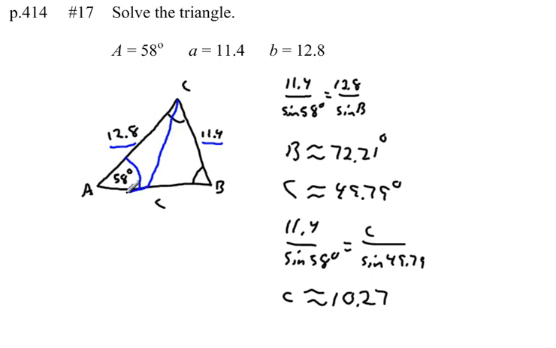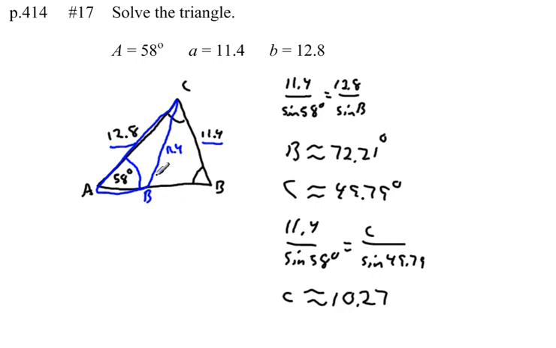And this new triangle I'm going to outline in blue. So it's still triangle ABC. It still has the same original dimensions, and I can solve this for my new angle B, my new angle C, and my new side C.